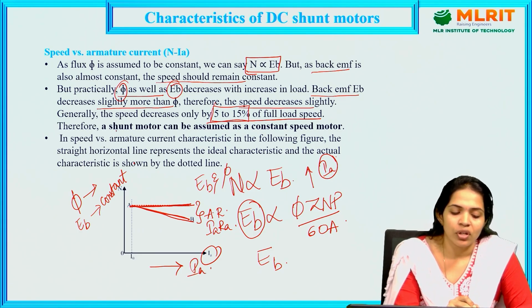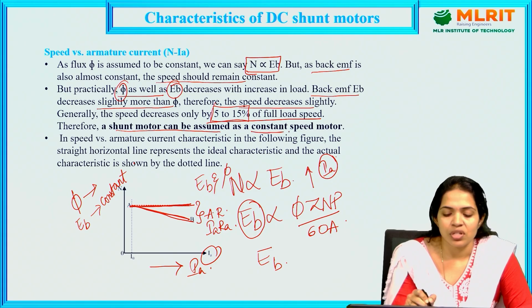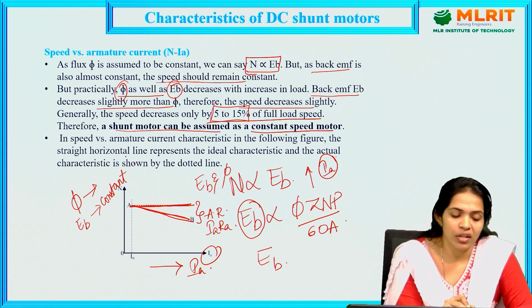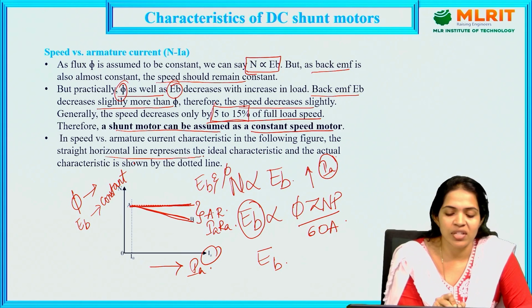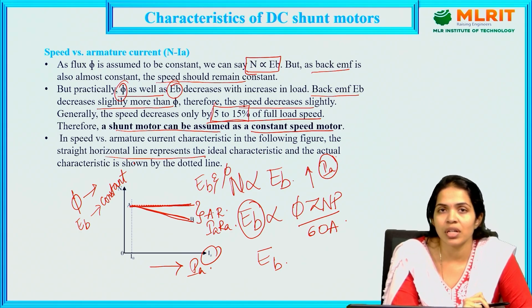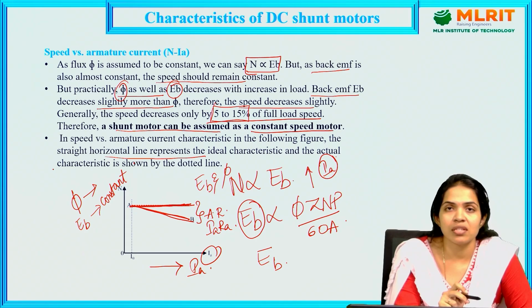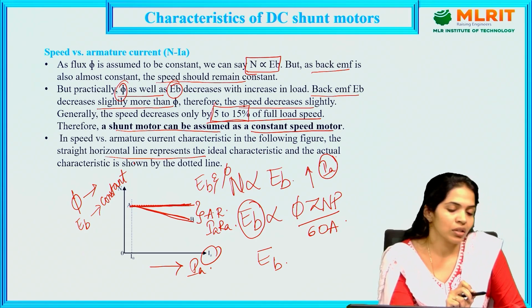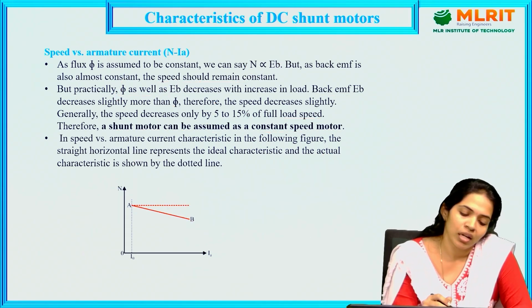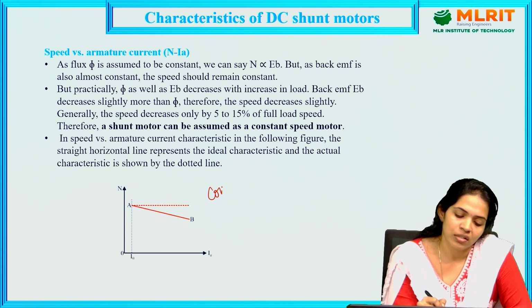Therefore, your shunt motor can be assumed as a constant speed motor. In the speed versus armature current figure, the straight line represents the ideal characteristics and the actual characteristics is represented by the dotted line. From this we can conclude that the shunt motor can be considered a constant speed machine.